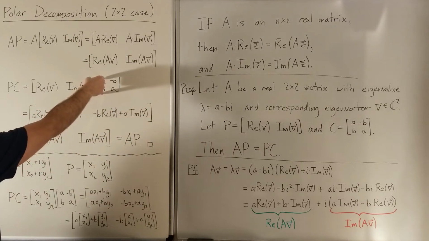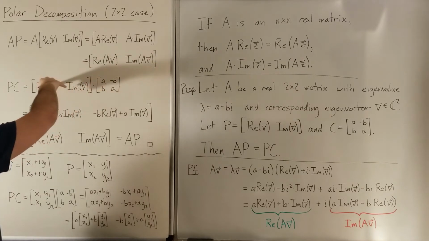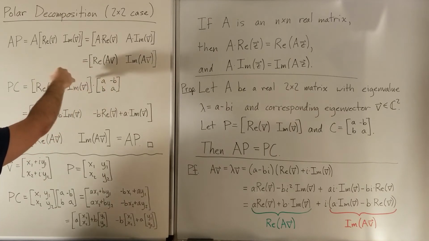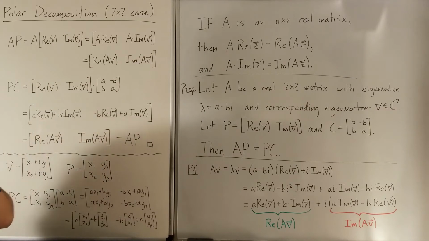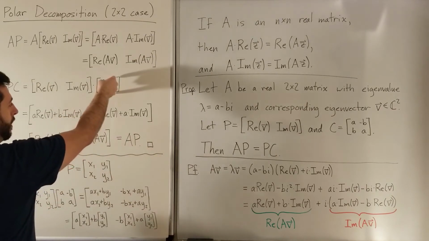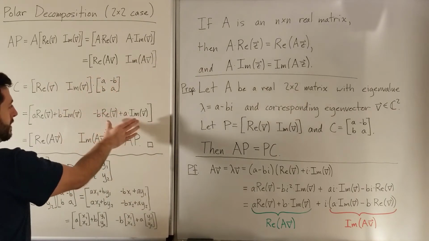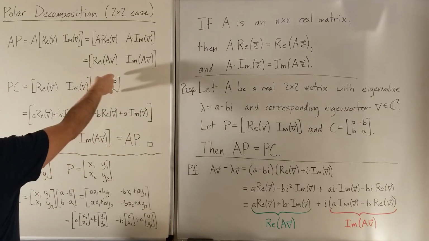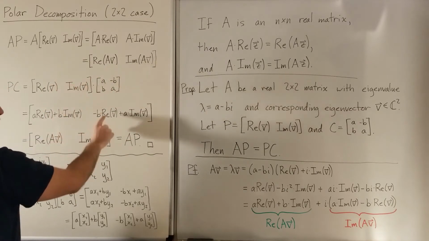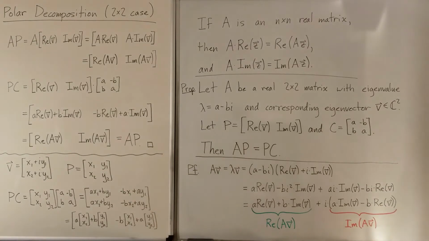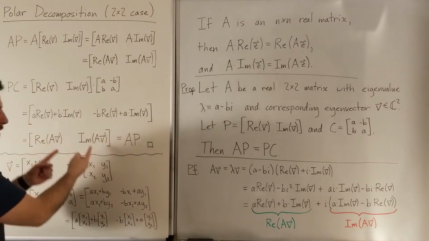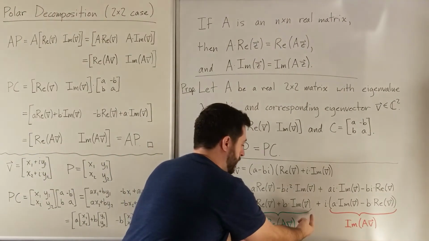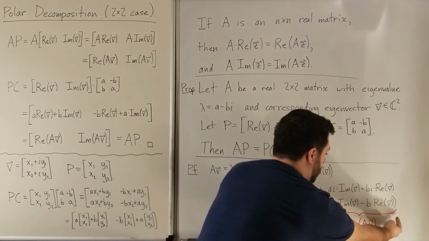So this column right here is going to distribute in a times the first plus b times the second, giving us this right here. This second column is then going to distribute in to create the second column of this 2 by 2 matrix, negative b times the first plus a times the second. So we just get that. And then we're just going to note that these things right here that we have are exactly this, and the second column is exactly that.